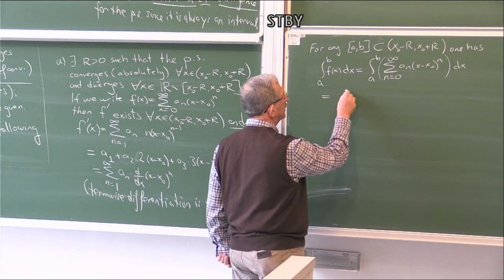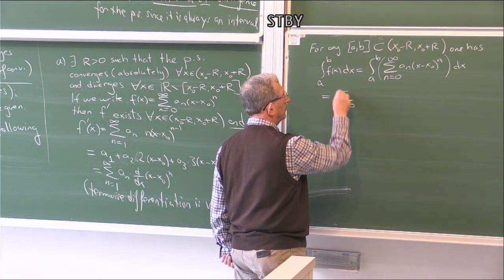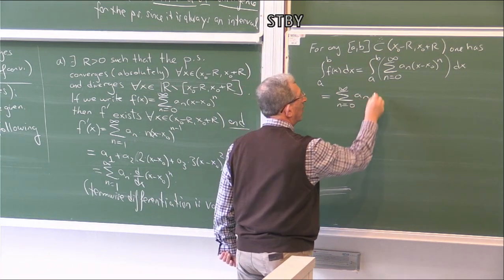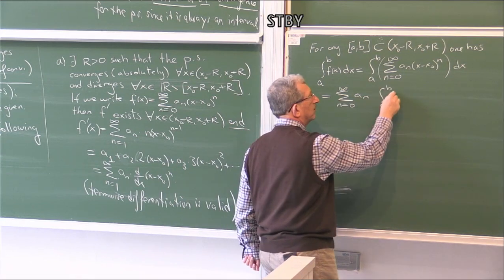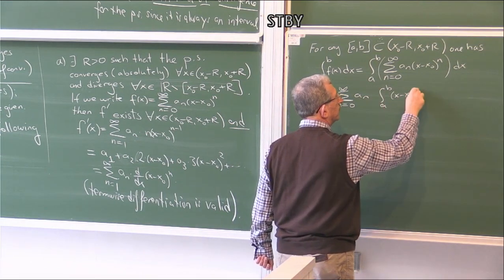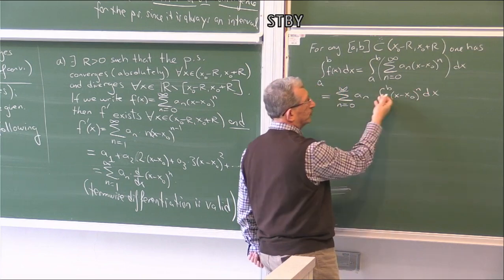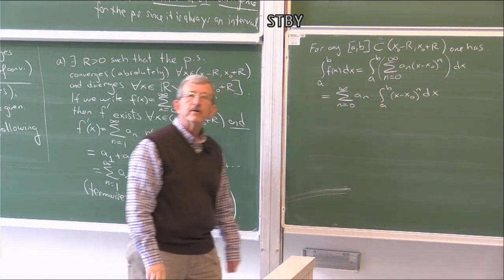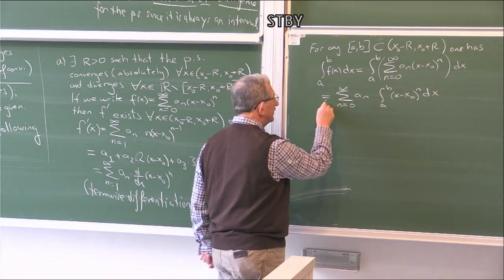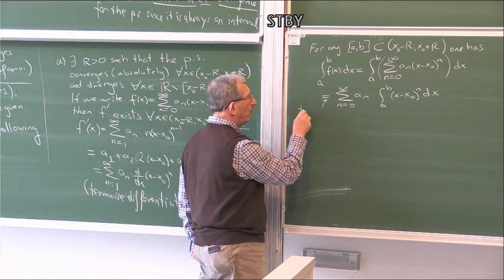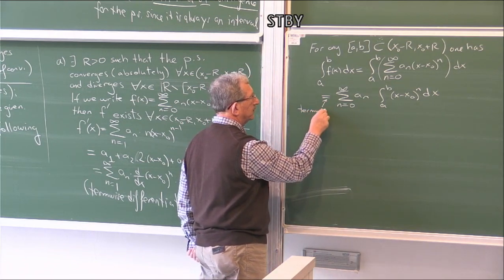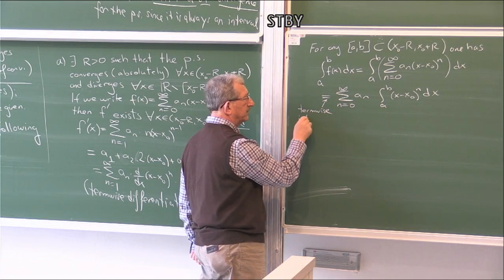So it is actually the sum of the integral of x minus x0 to the n dx. Of course, we can calculate this very easily. So the important thing is that termwise integration is valid.